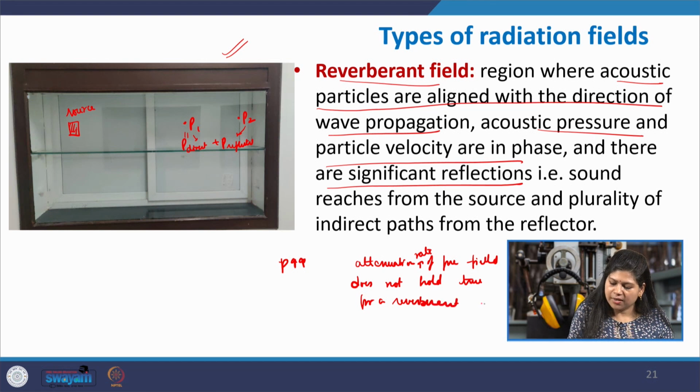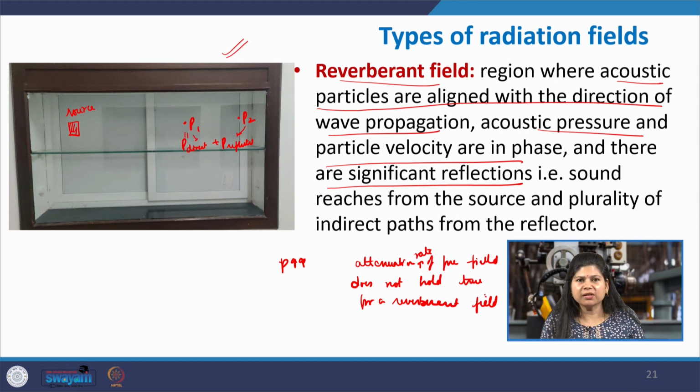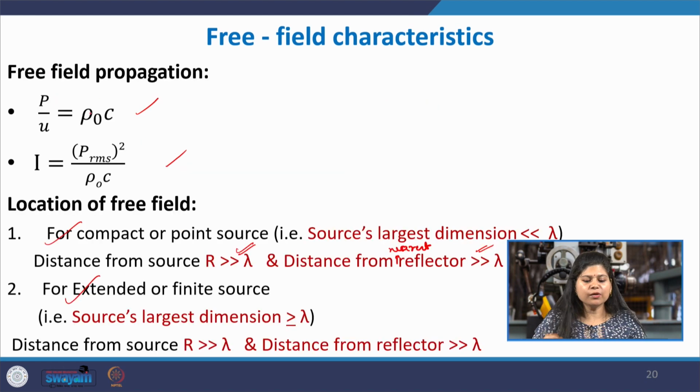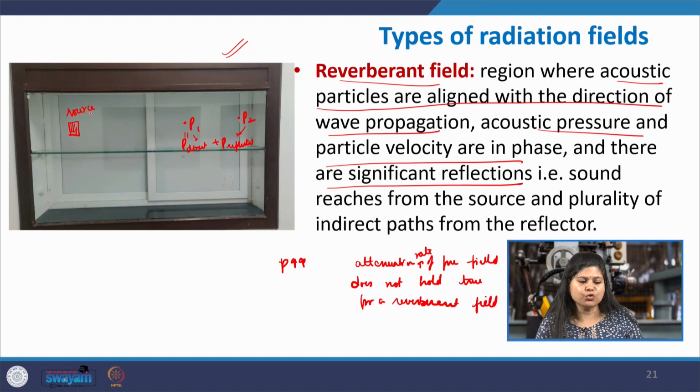In fact, if you have a perfect reverberant field, typically you experience a uniform distribution in the acoustic pressure, irrespective of the fact that if it is a spherical wave, it should attenuate at the rate of inversely proportional to r, or if cylindrical, then inversely proportional to root r. That is for free field. In the reverberant field, an almost uniform distribution happens if it is a perfect reverberant field.